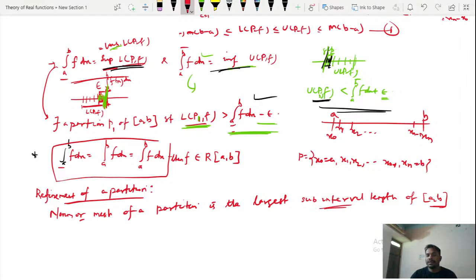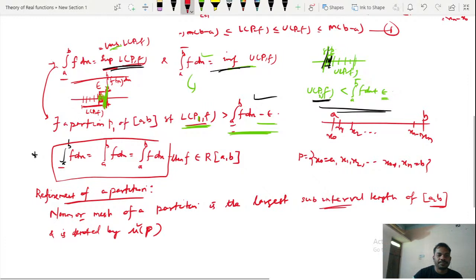If you take each subinterval's length, the largest among them is the norm of that partition. It is denoted by norm P, or mu P.